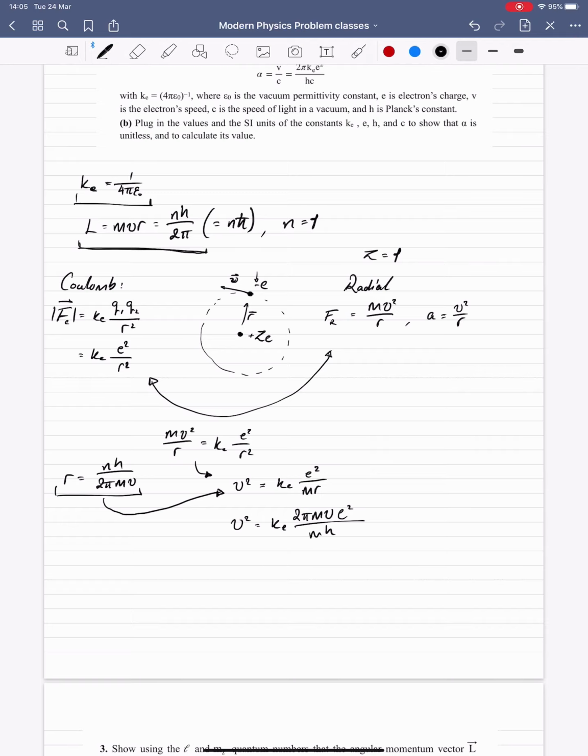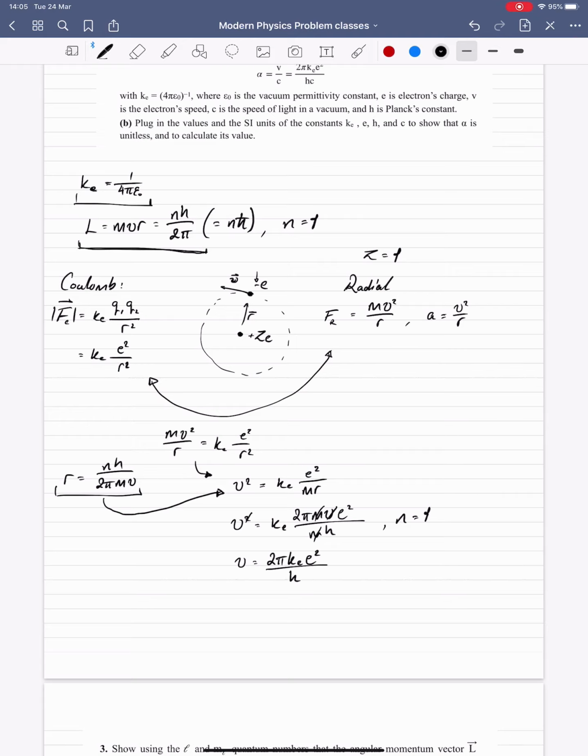There we go. I'm just ignoring n, because I know that n is equal to 1. So the m's cancel out. The v's also cancel out. So what are we left with? v is equal to 2 pi ke e squared divided by h.